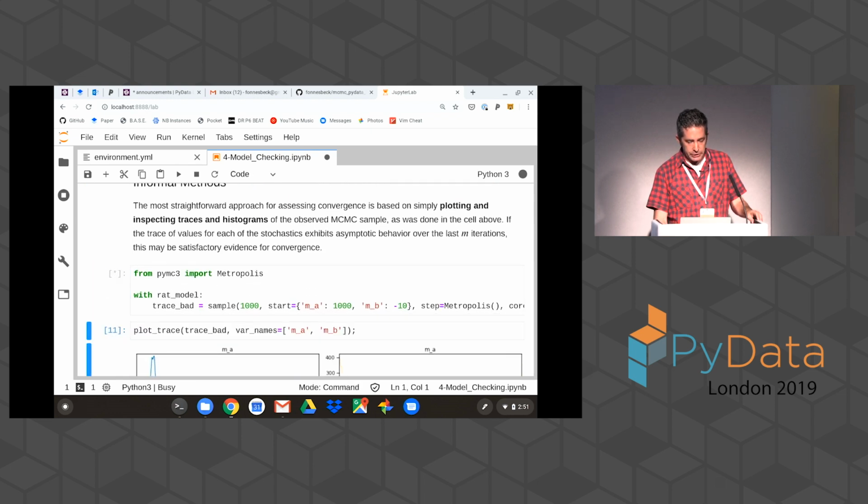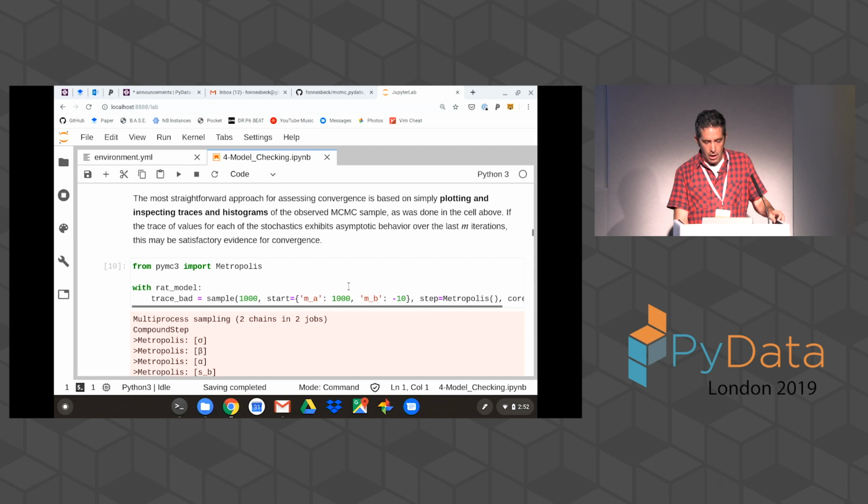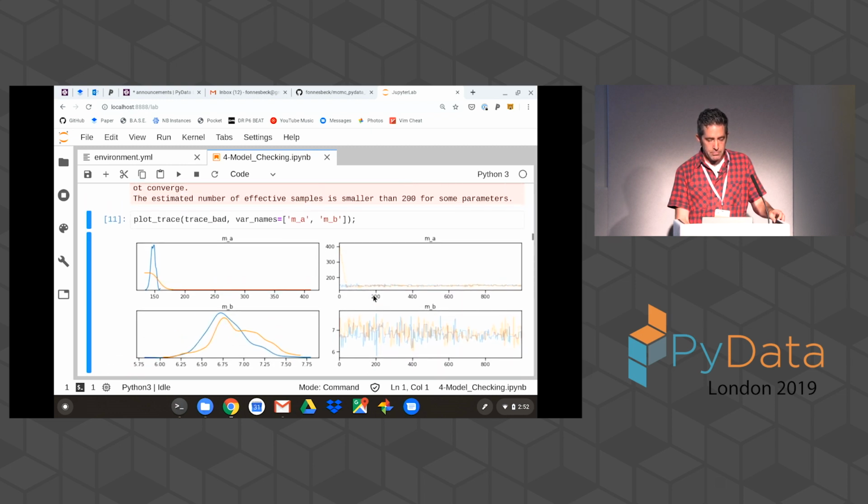I'm going to intentionally create some ugly ones here, so you can sabotage your MCMC runs by giving it really bad starting values and really bad samplers. So here I'm going to start the mean intercept at 1,000 and the mean slope at -10. And when you do that, you get stuff like this.